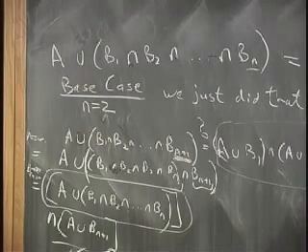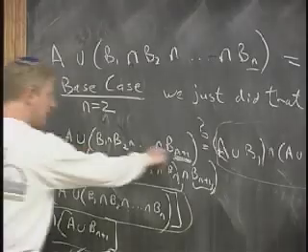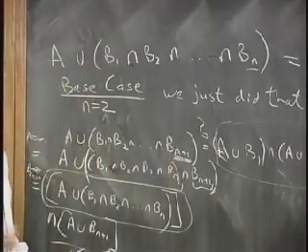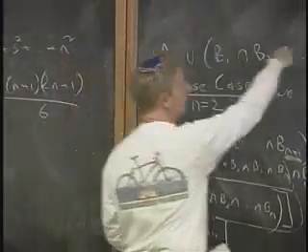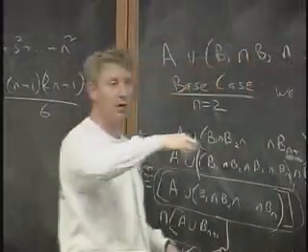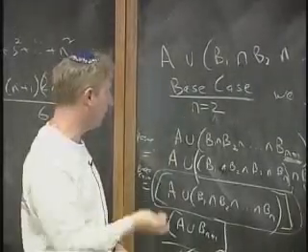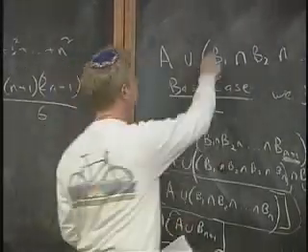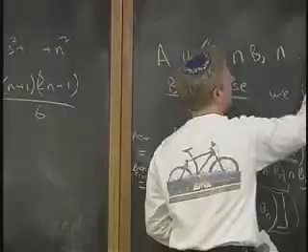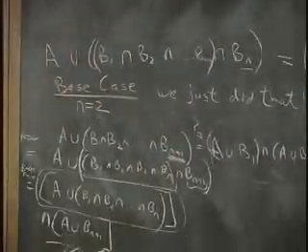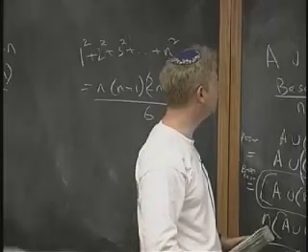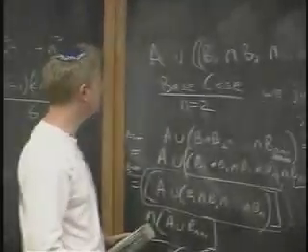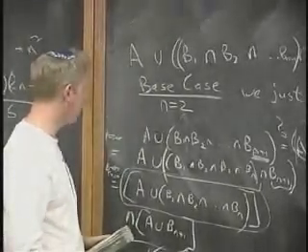The only thing I can do with the associative property is parenthesize sets of intersections in any way I want, as long as they stay in order. And that's what I did here. I could parenthesize these to my heart's content until the cows came home, and I wouldn't be any closer to getting this proof. I could do this up to bn minus 1, and it doesn't do me any good. See, I don't understand why you have to prove the n plus 1 step if you could just prove what you're assuming.